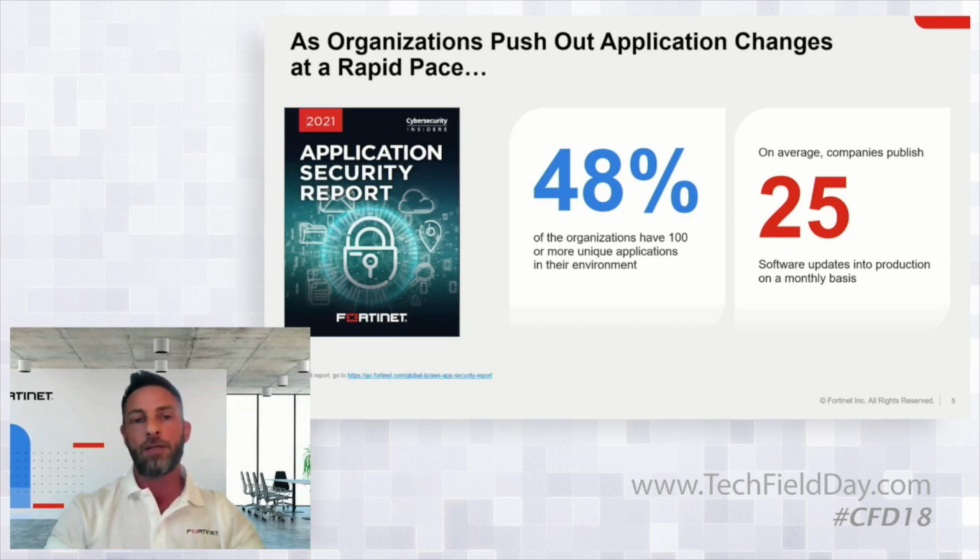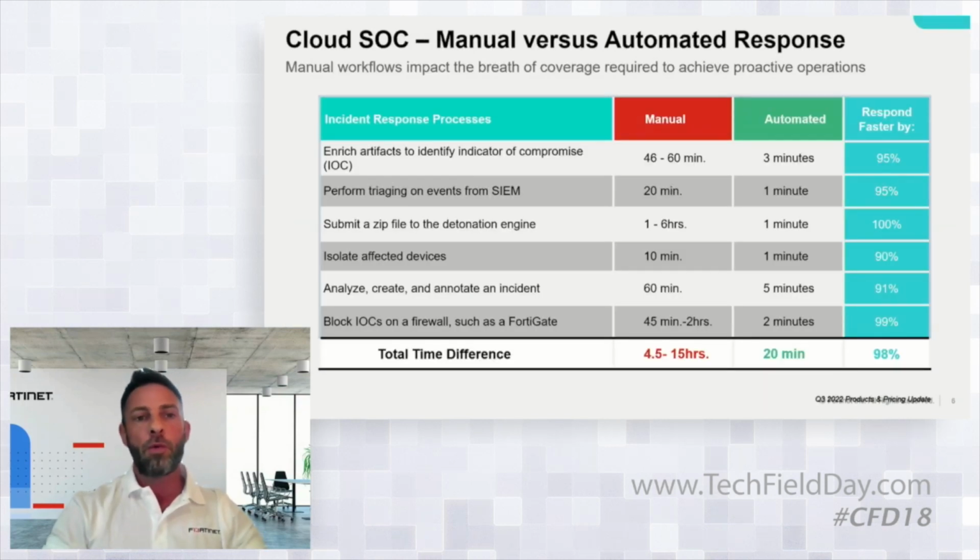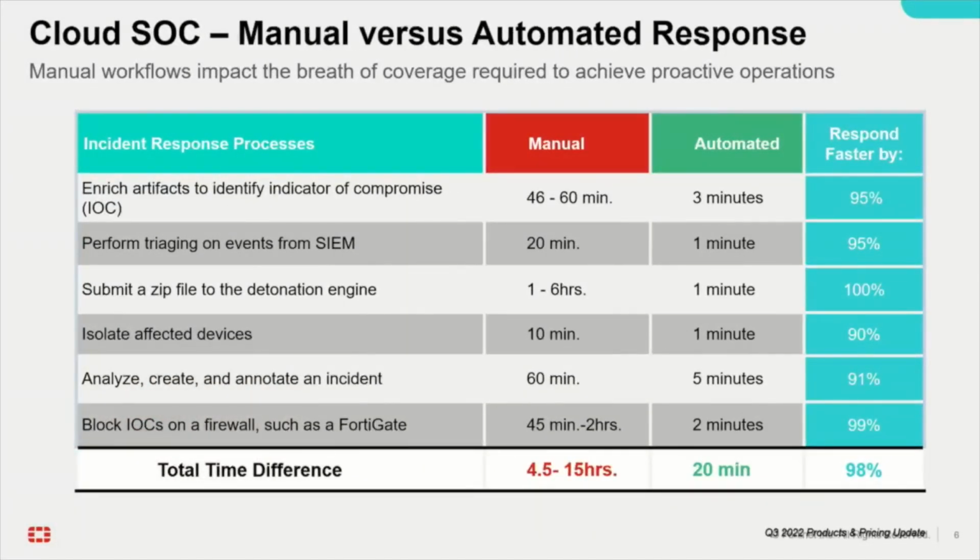This is a key driver for implementing useful AI. I say useful because there's a lot of different claims to how AI is making security better, and we think it's all about efficacy. So when we work with our customers to improve their SOC practices, we try to understand, okay, what is the overall level of effort?